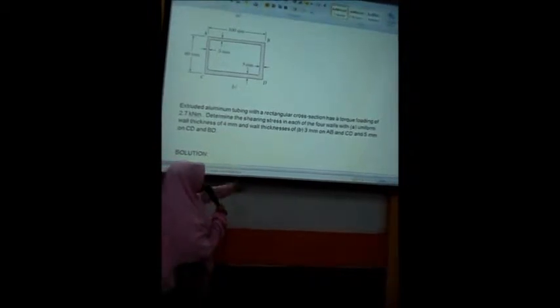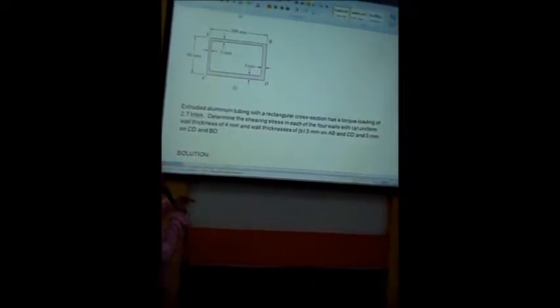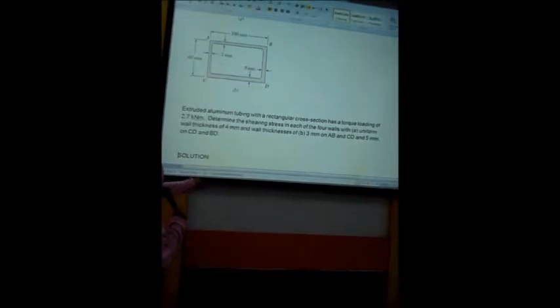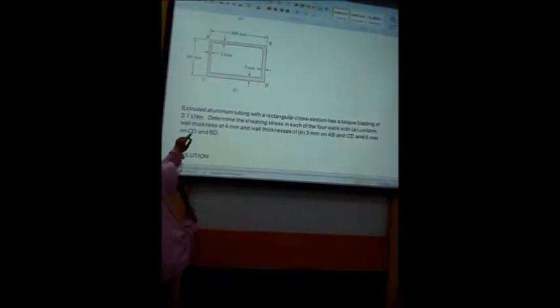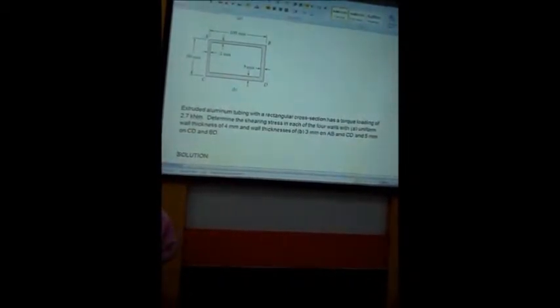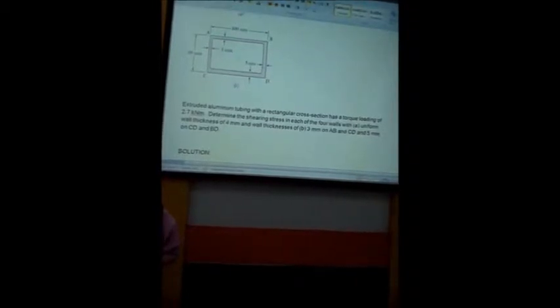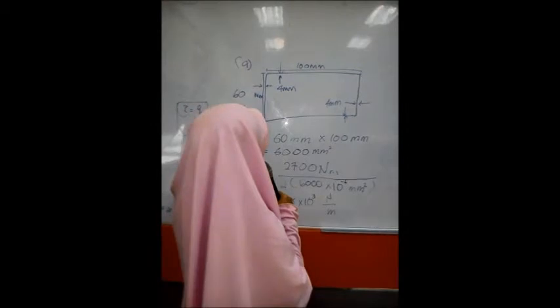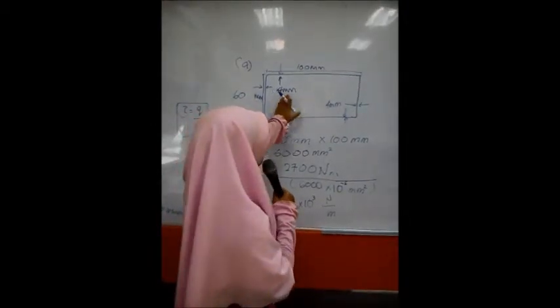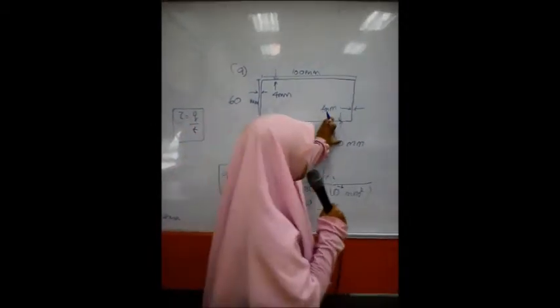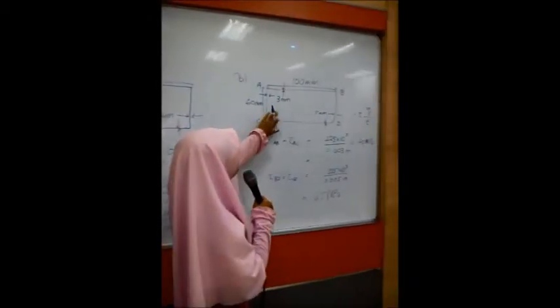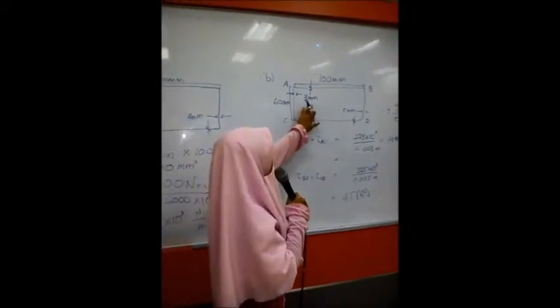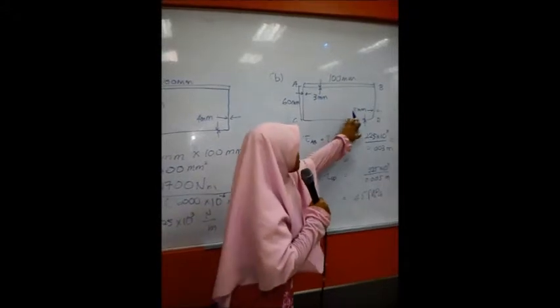Determine the shearing stress in each of the four walls with A uniform wall thickness of 4 mm, and B wall thickness of 3 mm on AB and AC, 5 mm on CD and BD. Okay, solution for A. For question A, we have thickness 4 mm and 4 mm. For question B, we have different thickness, 3 mm and 5 mm.